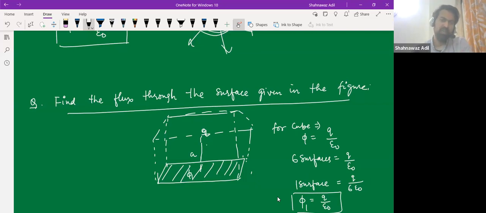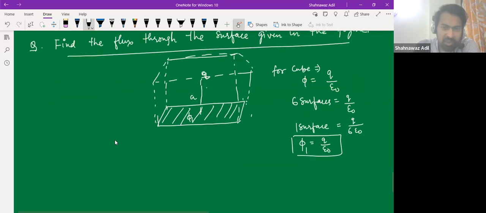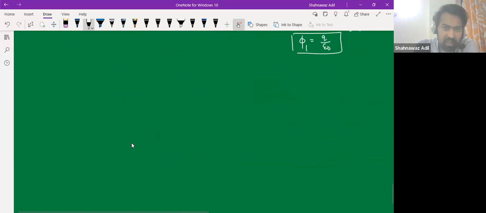Okay, so then I will use the Gauss law. Gauss law in the continuous form is written like so, another form of Gauss law.